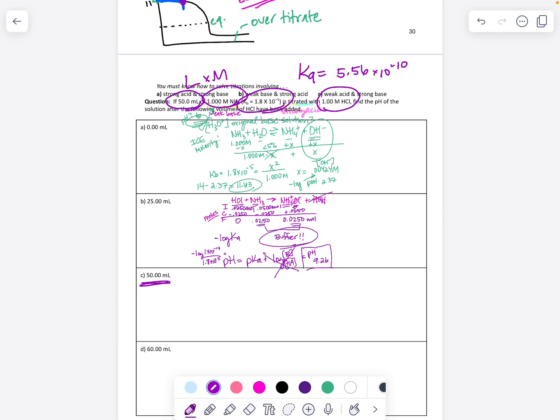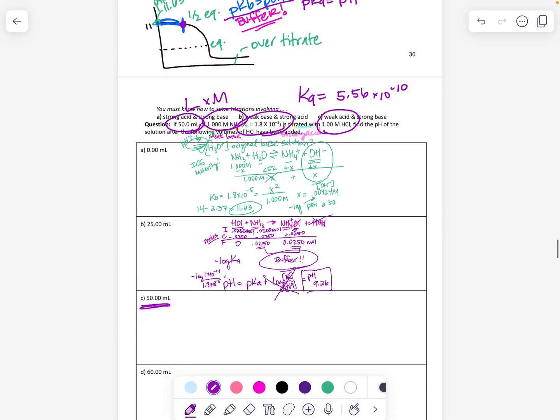When I think about where I am in my titration, I'm gonna erase some of this. Where am I in my titration? Well, I had 1 molar base and 1 molar acid. So if I had 50 mils of base, this is going to be neutral. I guess I shouldn't say neutral because we have this weak.